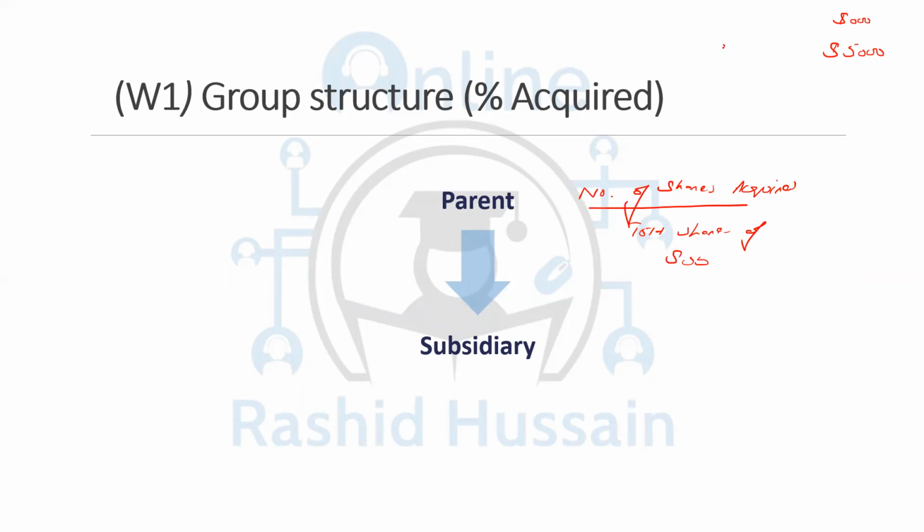You need to see the worth of each share, the par value of each share. If each share is worth $1, then these are actually 5,000 shares in total. If it is 0.5 or 50 cents, then these are 10,000 ordinary shares.